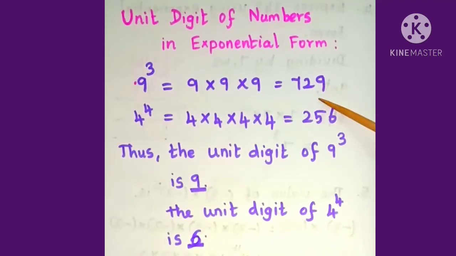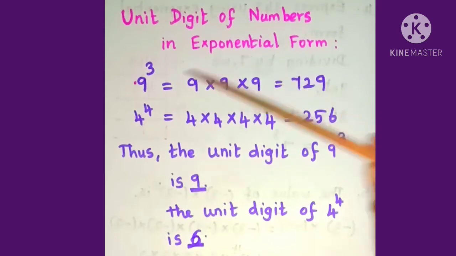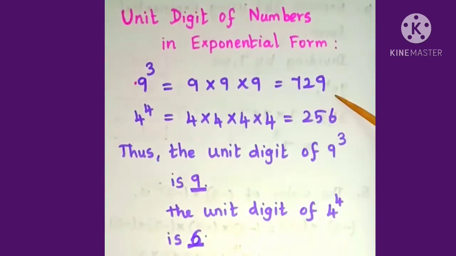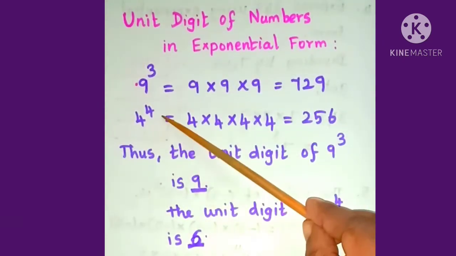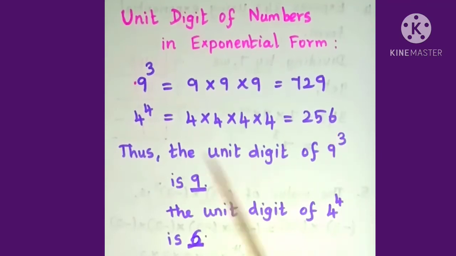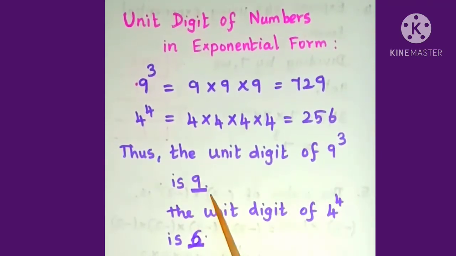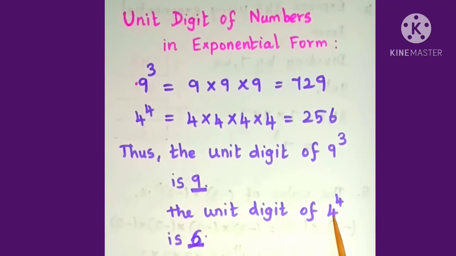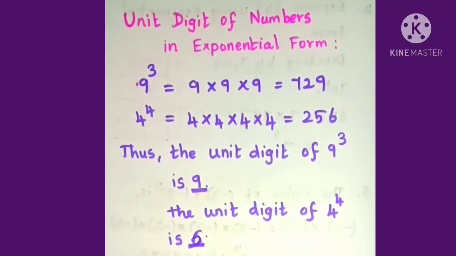Thus the unit digit, which means the last number of the expanded form, of 9 cube is 9. Similarly, the unit digit of 4 power 4 is 6. Thus the unit digit of 9 cube is 9 and the unit digit of 4 power 4 is 6.